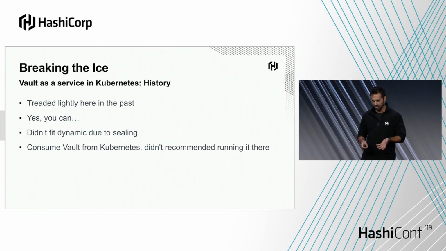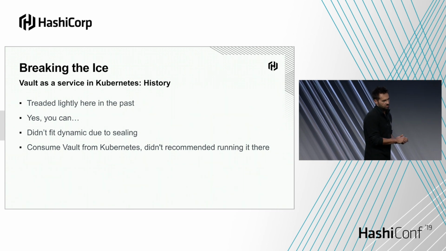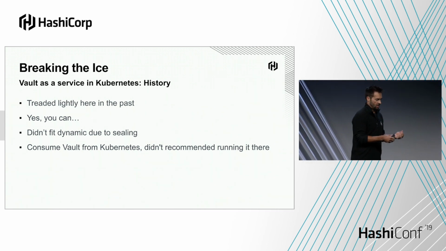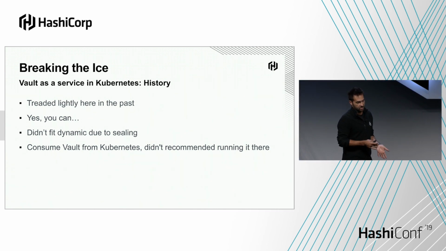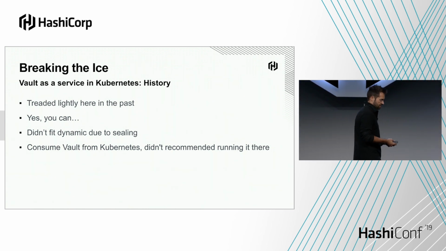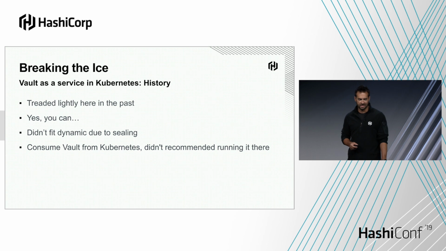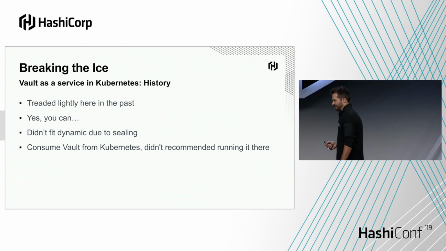We generally recommended running Vault on either dedicated machines or virtual machines. We understand the performance and reliability of those things much better than a dynamic environment. Plus, you can run Vault directly there as opposed to having to put Vault in a Docker container. So it just introduces some new things that made us not against it, but yes, you can, but it didn't really fit in some areas.